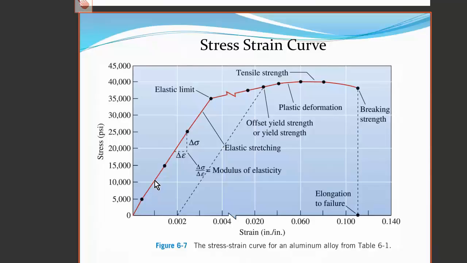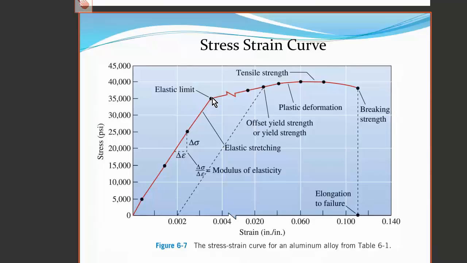Initially, the strain in the material will increase linearly with the applied stress. If we were to reduce the stress at this point, the material would go back to its original shape.